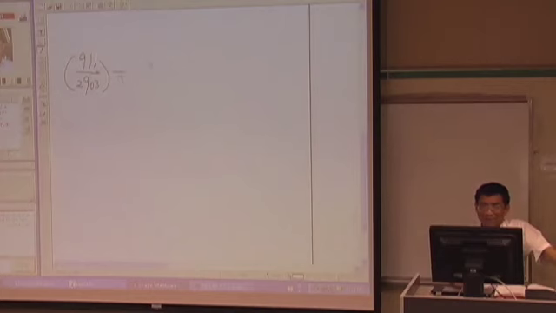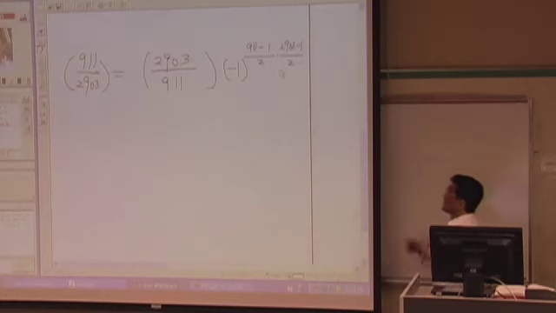But it's very inefficient. Then we can use quadratic reciprocity: 2903 over 911, and then negative 1 to the power of 911 minus 1 over 2, multiplied by 2903 minus 1 over 2.